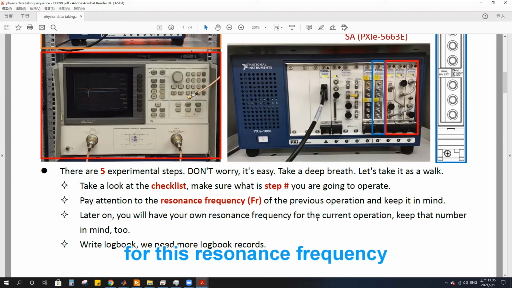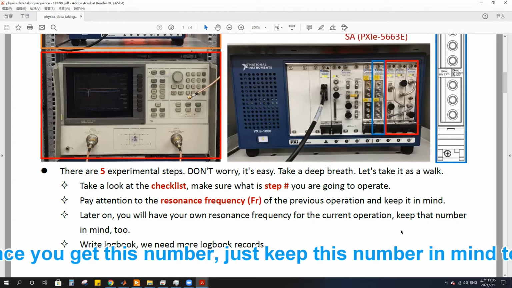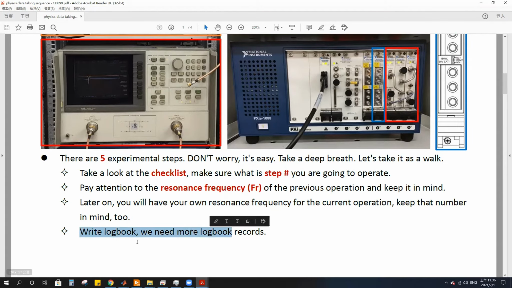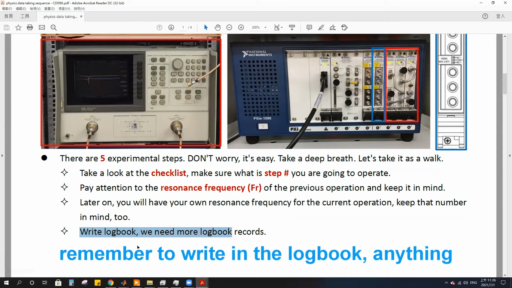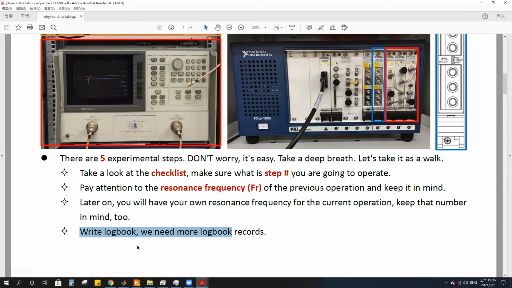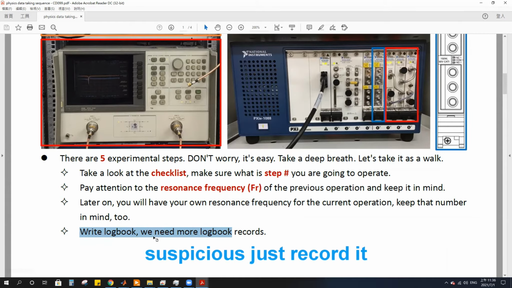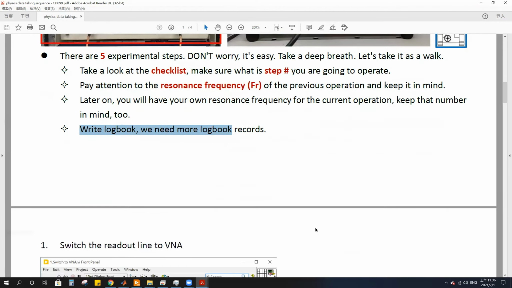This resonant frequency is for the current step you are going to operate. So also keep this number. Once you get this number, just keep it in mind too. And I remind everyone, remember to write in the logbook. Anything you do, anything suspicious you find, just record it. Okay, we need more logbook records.